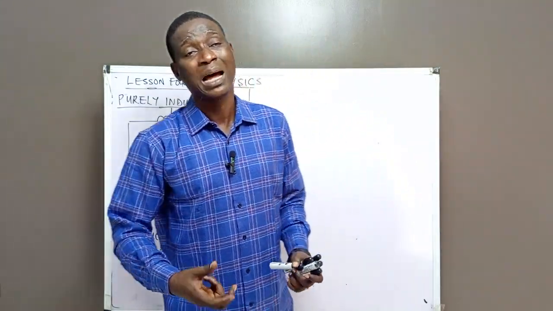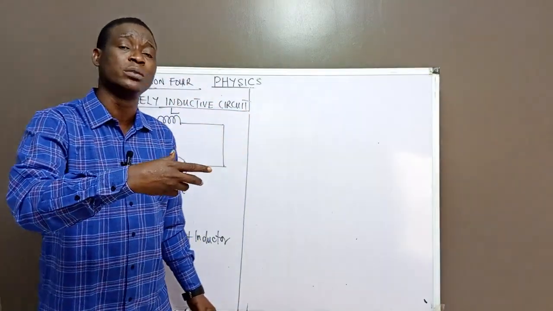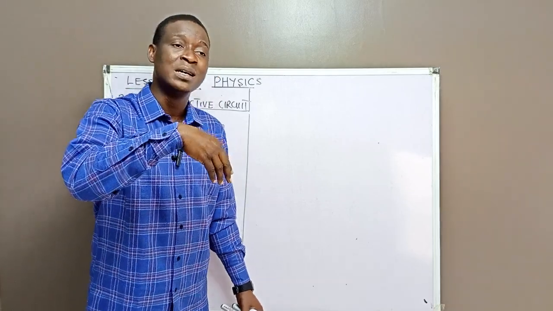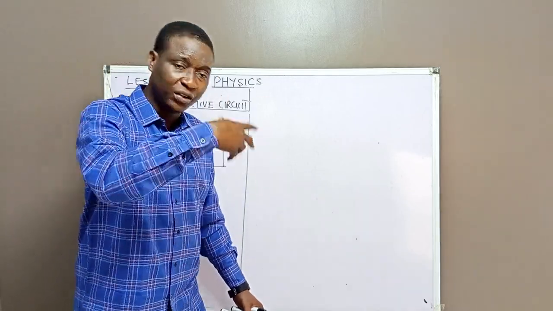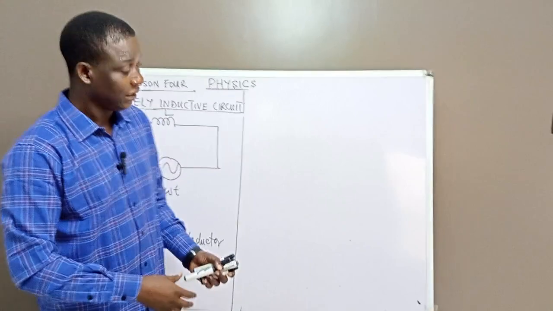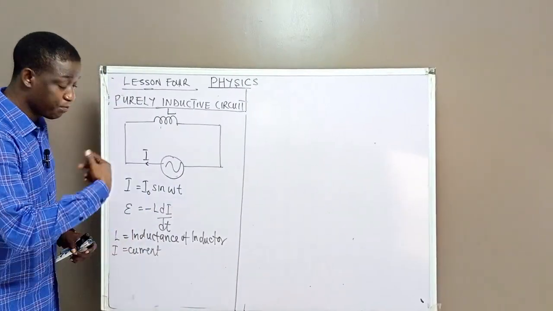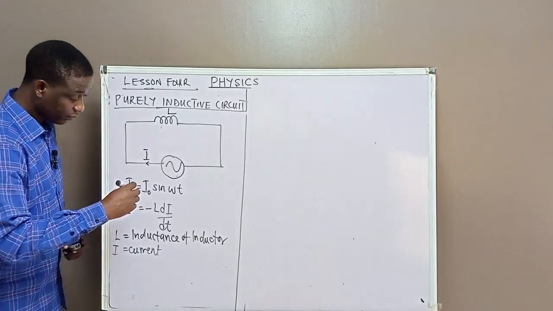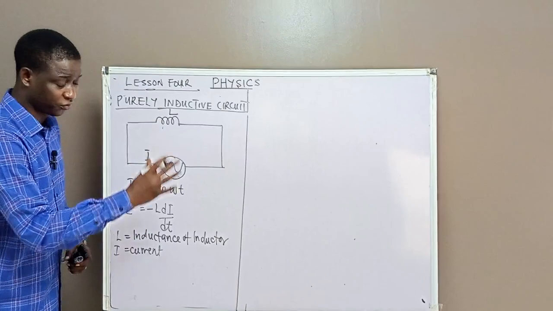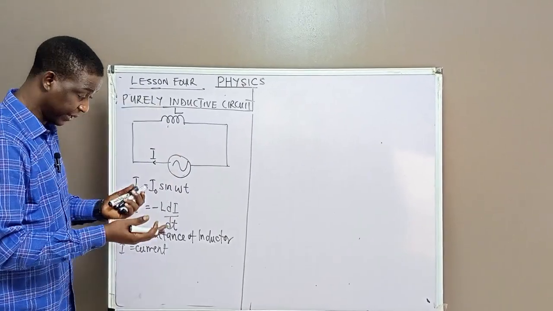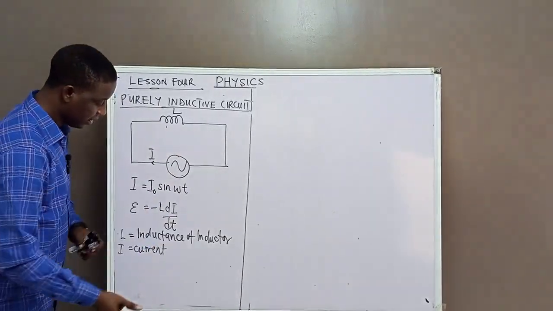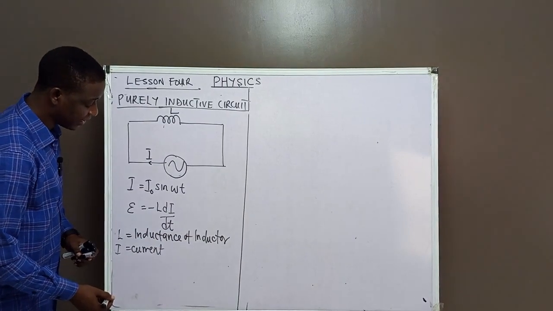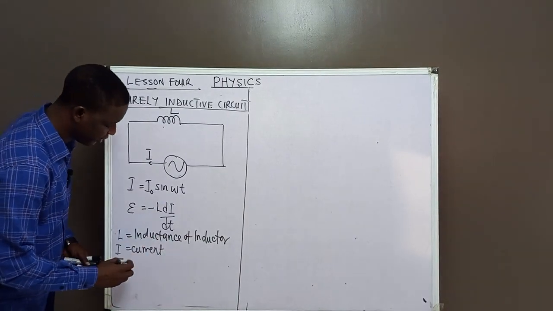That means the EMF will be induced as a result of opposing the induced current, so the back EMF carries the minus sign. We are not talking about Faraday's law here; I'm just trying to give you the overall concept involved, but let's go on because we don't have enough time.